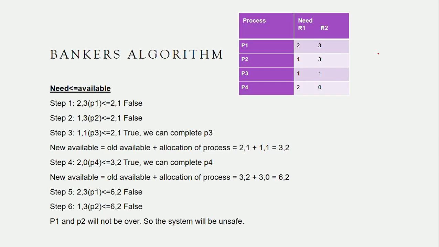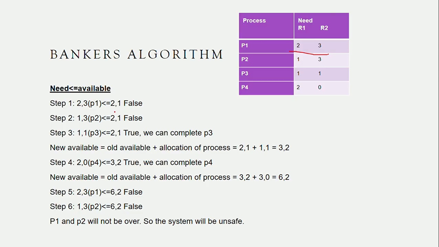If I want to apply Banker's algorithm, the condition says need must be less than or equal to availability. So step 1: 2, 3 is the need for P1, the first process, and the availability is 2, 1. So out of 2, 1 can we give 2, 3 resources?